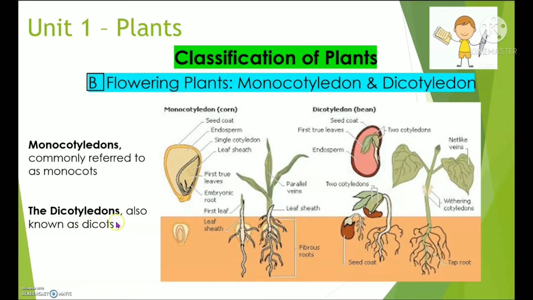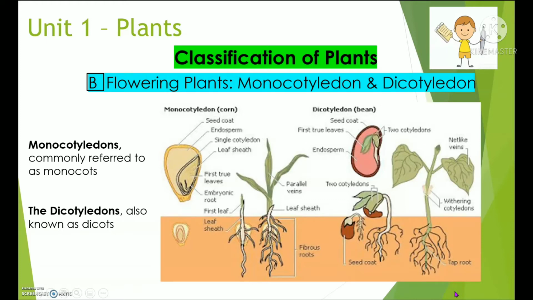So dicotyledons, also known as dicots. Everybody repeat after me. Dicots. Very good. So this is the dicotyledon. So we're going to talk about these two classification or these two type of flowering plants.